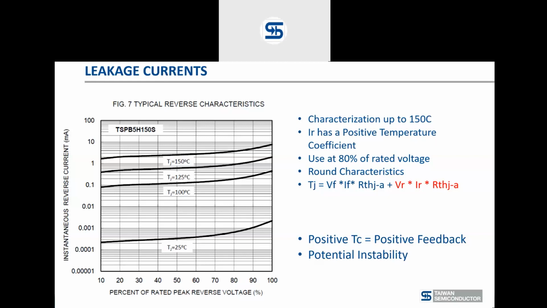You can see the leakage current going up linearly until 80% of the breakdown voltage, and then it goes up a little bit more, and you're going to get rounded characteristics, especially at high temperatures. So leakage current has a positive temperature coefficient, so it is the cause for the potential instability in a Schottky diode.